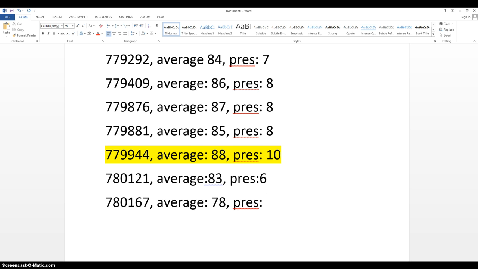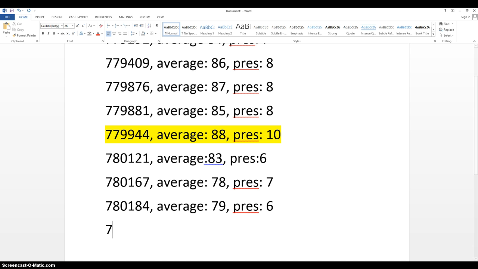Presentation wise, you're looking at 7. 780184. Your average is currently a 79. Presentation, 6. 780200. Your average is currently an 80. Presentation wise is currently 7.